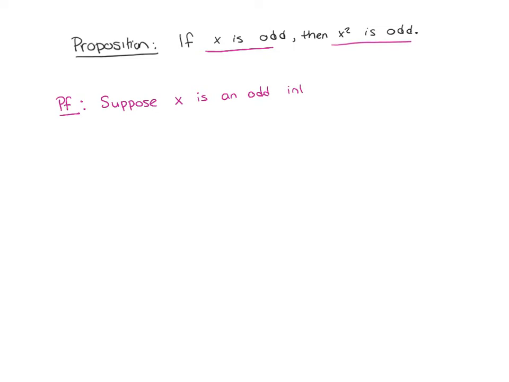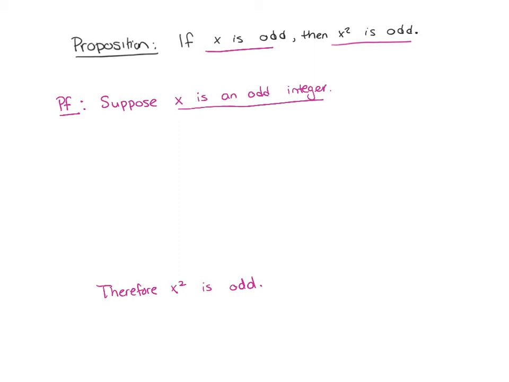And now what we need to try to get to here is, with some stuff in the middle, therefore x squared is odd. So usually what we do first, we say, okay, I'm assuming x is odd. So what I should do is write out what the definition means for it to be odd.